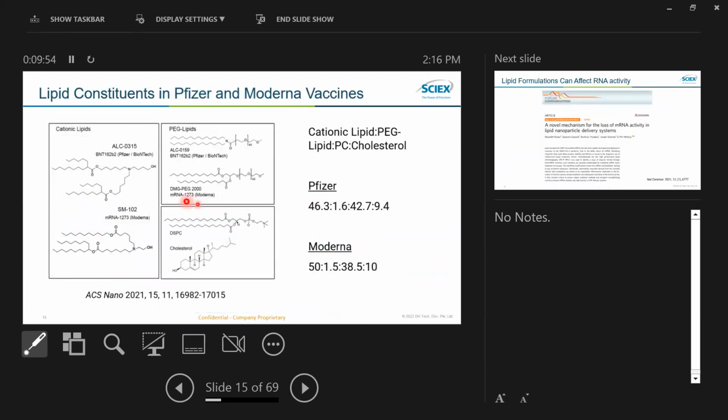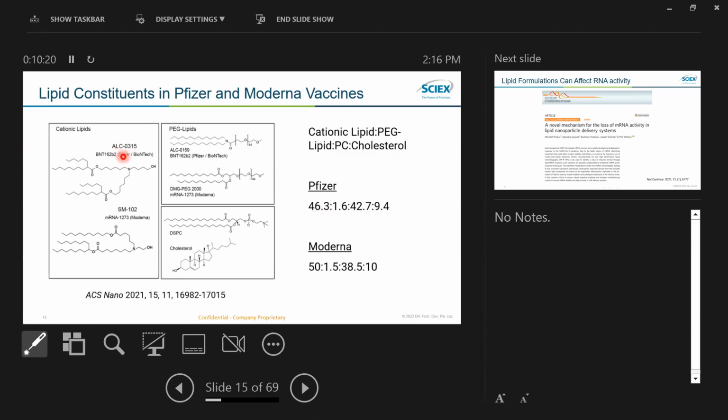So here are the lipids that are used in the formulations for the two different COVID vaccines from Pfizer and Moderna. One thing I just wanted to point out here is that the ionizable lipids constitute about half of the total lipid material amount within a lipid nanoparticle.